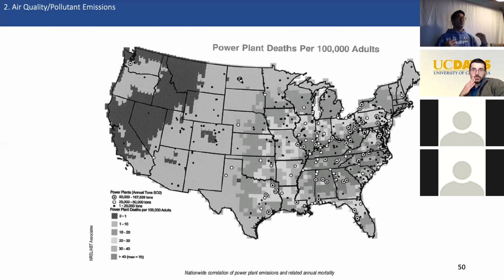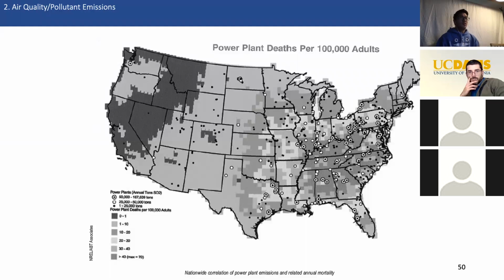As I mentioned before, air quality can actually lead to increases in morbidity, which are basically non-lethal health events, and mortality, which are actual deaths coming from lower air quality next to specific types of power plants. And this is measured in lots of innovative ways.